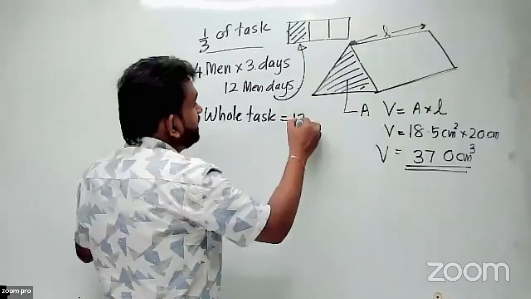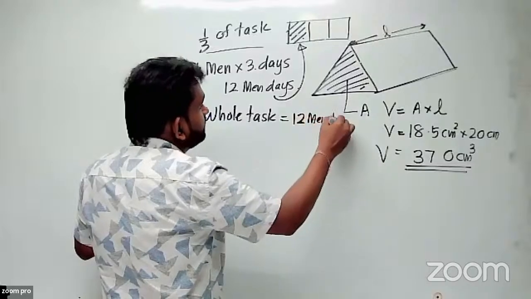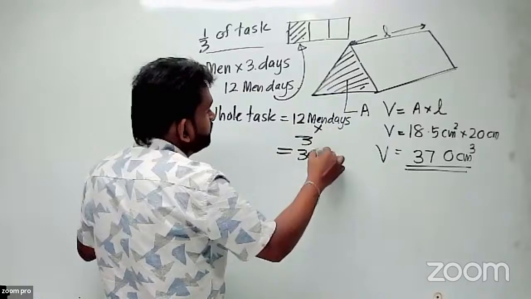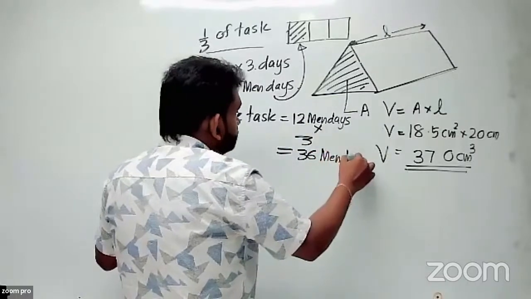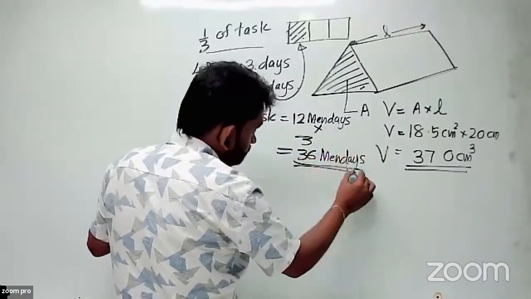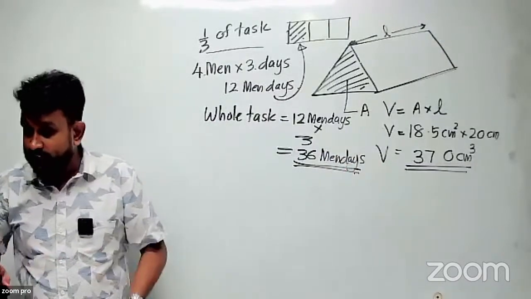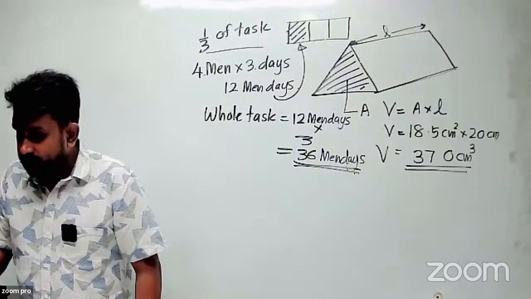So 12 man-days multiplied by 3 gives you 36 man-days. Okay, that is the whole task requirement in man-days.